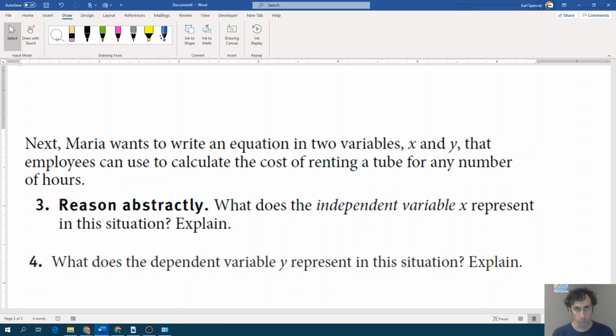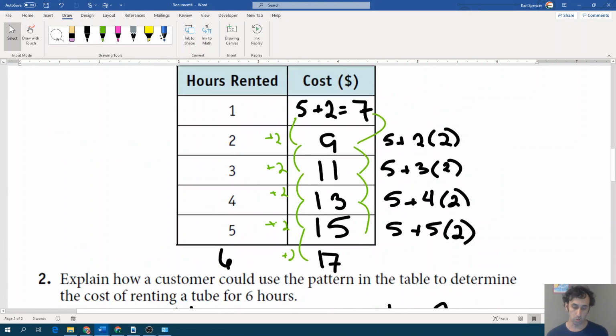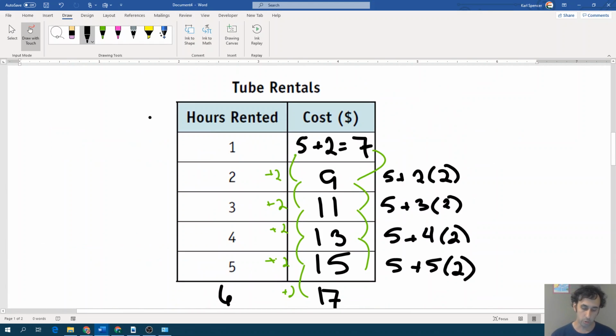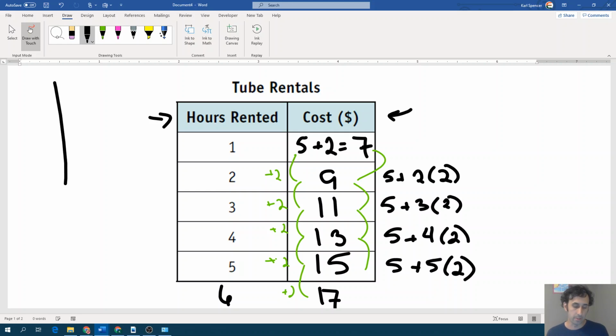So imagine you're going to the water park and you're going to rent this inner tube. What in this situation could you control? Could you control how many hours you rented for, or could you control how much it's going to cost? Well, if you said you can control how many hours you rented for, you would be correct. You can control how long you have that tube, and depending on how long you keep that tube, that would end up determining the cost.